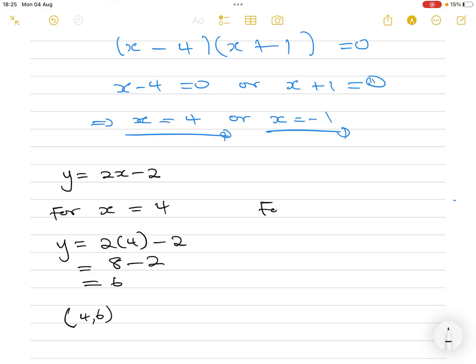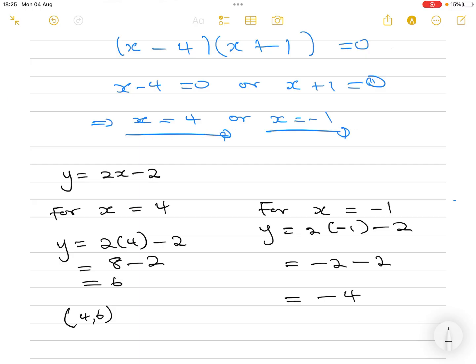Again, for x equal to minus 1, I'll be having y equal to 2 times, instead of x, I plug in minus 1, minus 2. So here it will be minus 2 and minus 2. The answer will be minus 4.